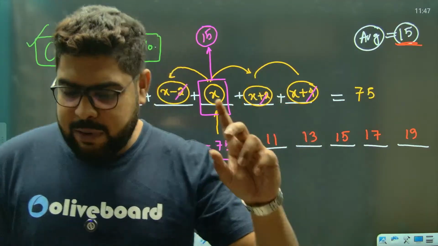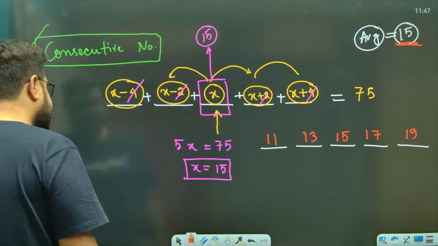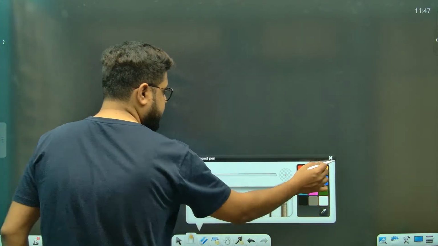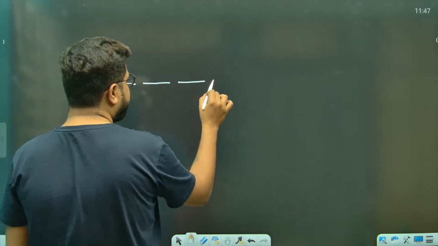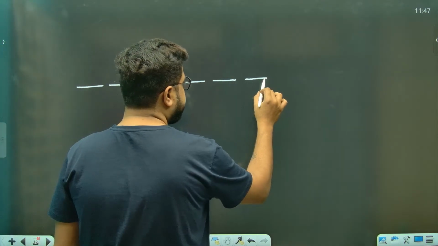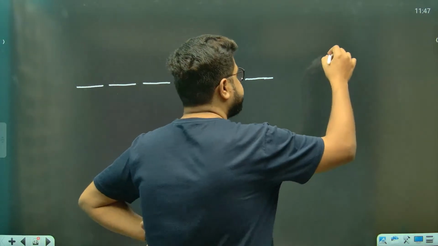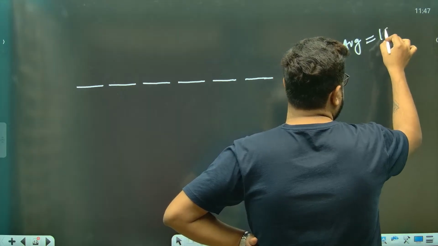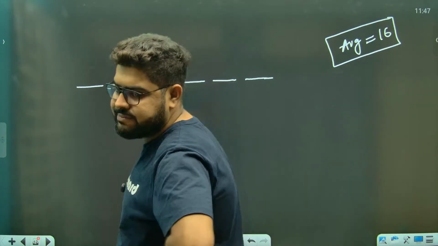But the problem actually arises when there is an even number of numbers. 1, 2, 3, 4, 5, 6. Now the average is given as 16.